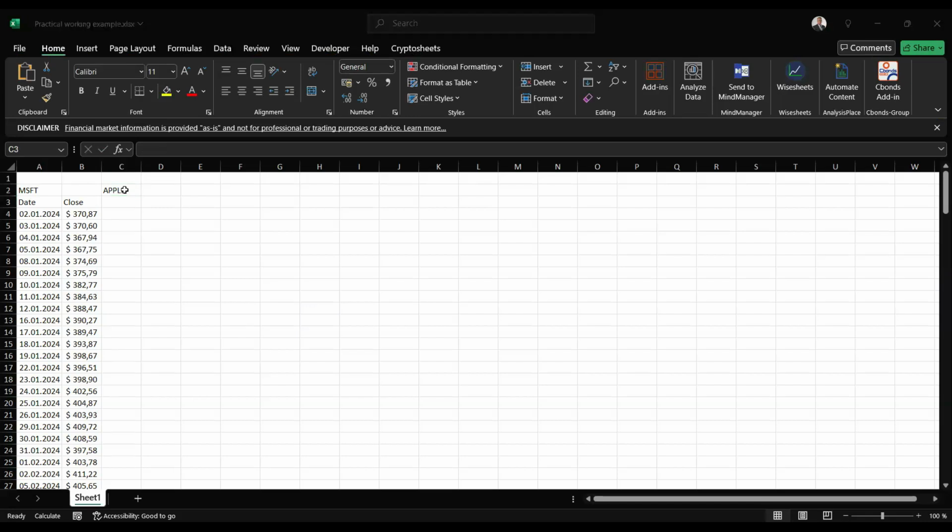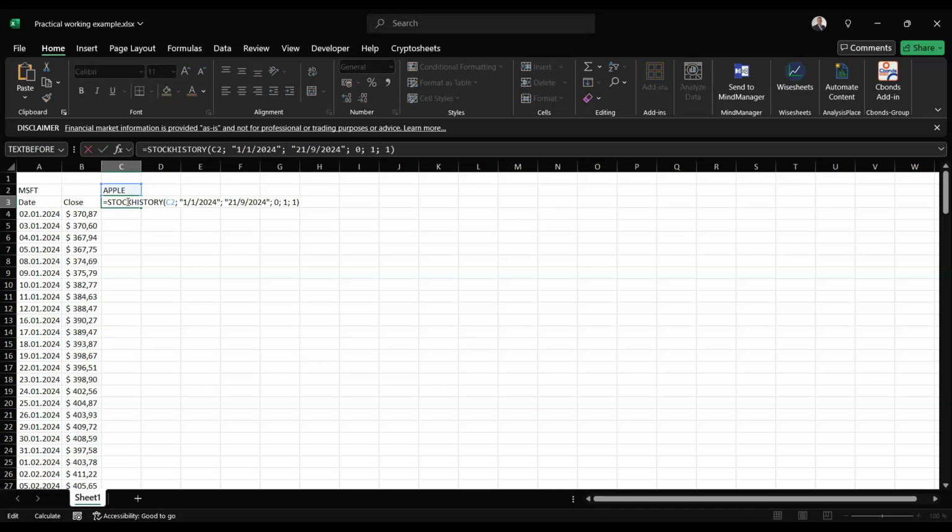We have the same function, but with slightly different parameters. Here we reference another cell, which contains the ticker of the equity. So that is an error in the cell.